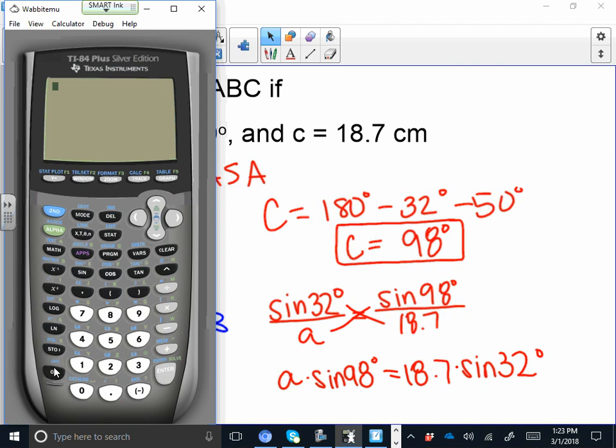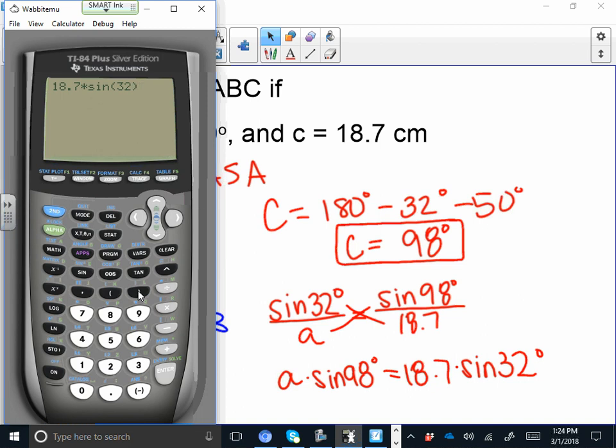Before you start typing away, please make sure you are in degree mode. Make sure you are in degree mode. And then what I'm going to type in is 18.7 times the sine of 32. And then notice how the sine of 32, it opened a parentheses.